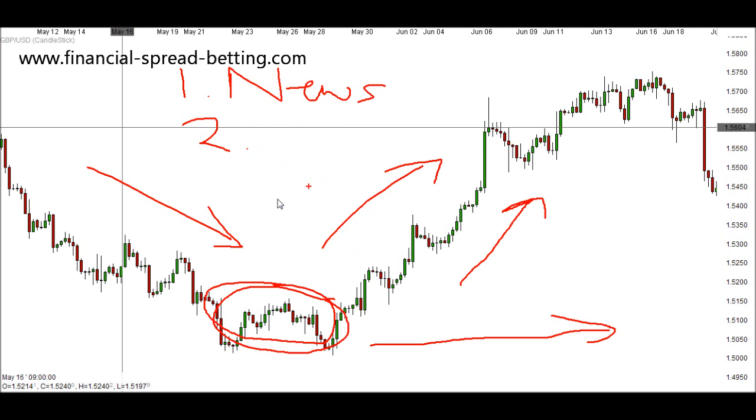Another major reason why price may change direction or behave differently is because the level price is currently at was a support or resistance area in the past.